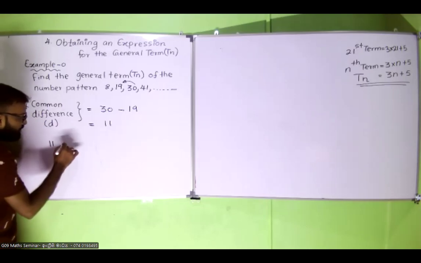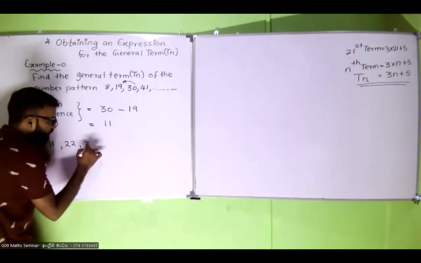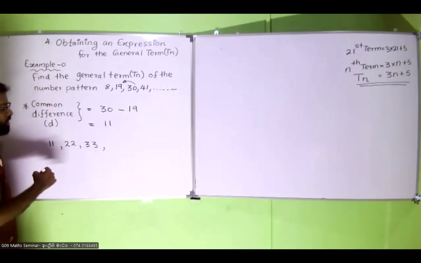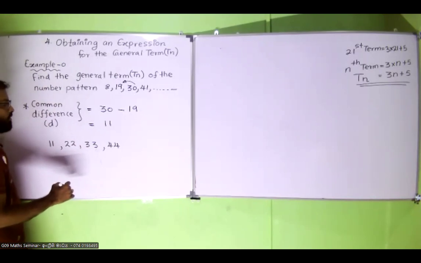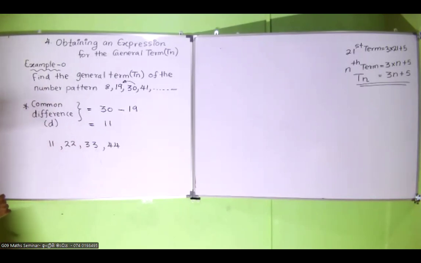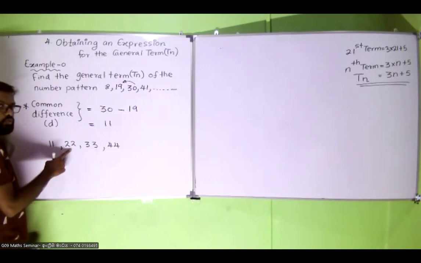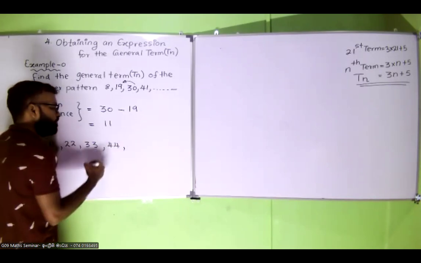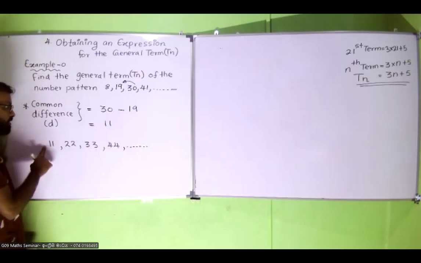The next one, 11 times 2, 22. 11 times 3, 33. 11 times 4, 44. Now this is the multiples of 11.